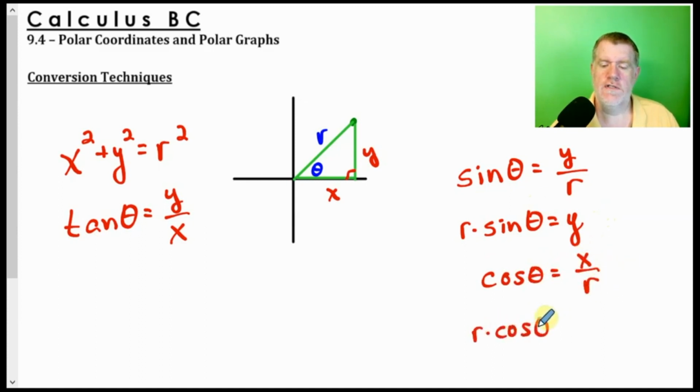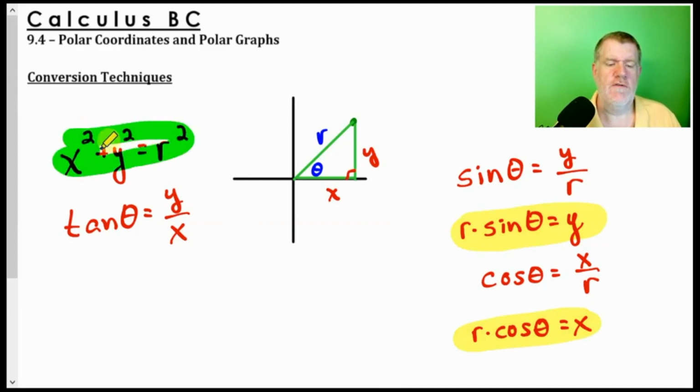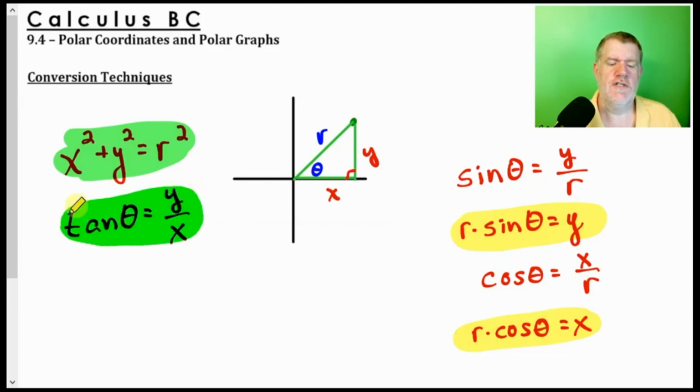So r cosine of theta equals x. So think about all of these. If I know r and the angle, I can get my y value, and I can get my x value. If I know x and y, I can use this to get my r value, and use this to get my angle. You just have to find the inverse tangent of that. And those come right from the graph.